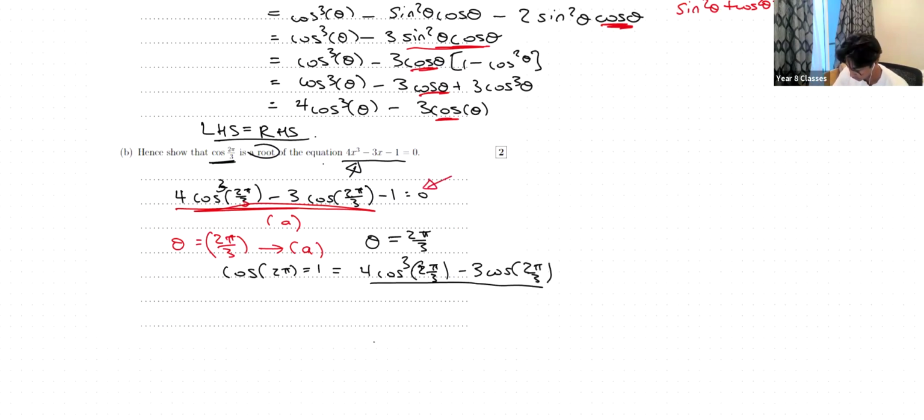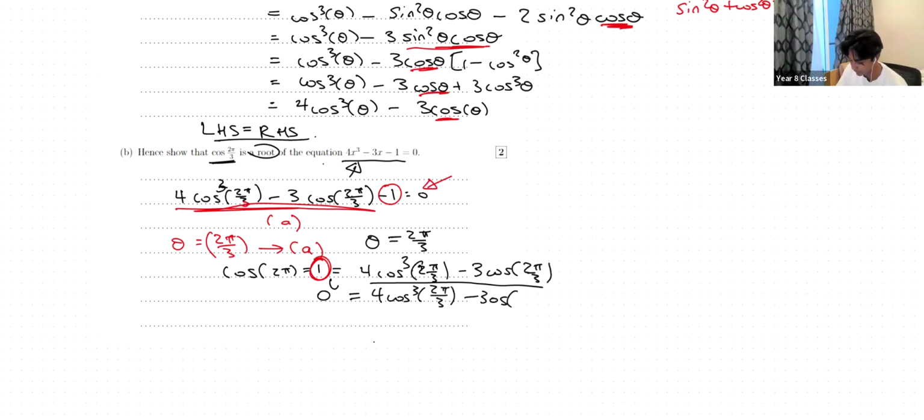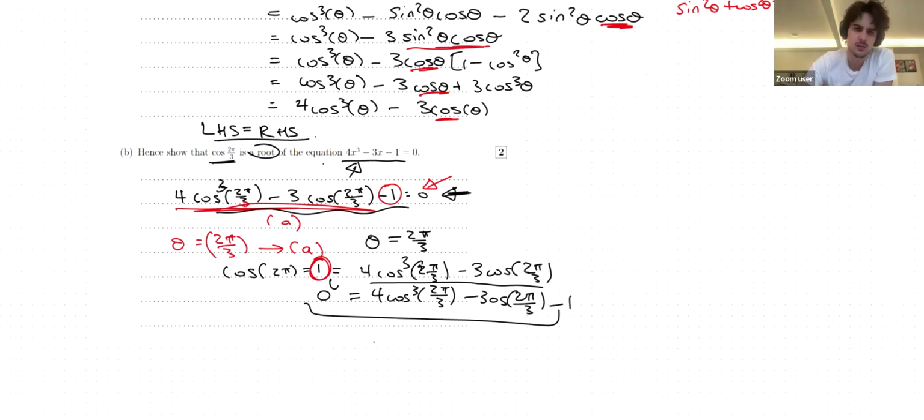But the thing we want to show is how we get this minus 1, and we've already shown it. We get this 1 here. So if I move that 1 over, I'm just minusing 1 from both sides, and I get this straight from part A. And if this is the case, then cos 2 pi on 3 must be a root of the equation, because it would give you this equation here. Wait, let me just. Yep, take your time.